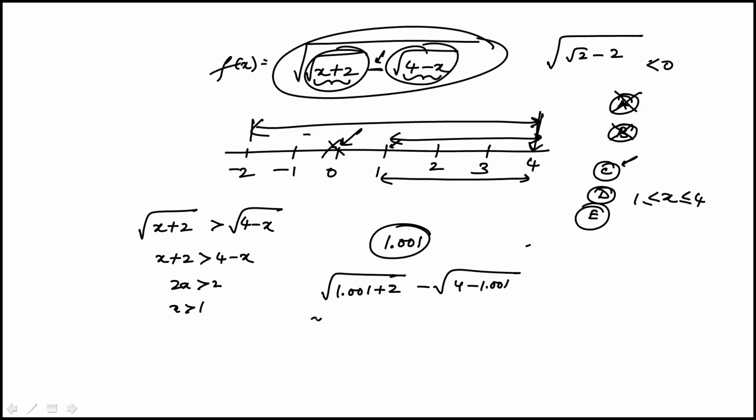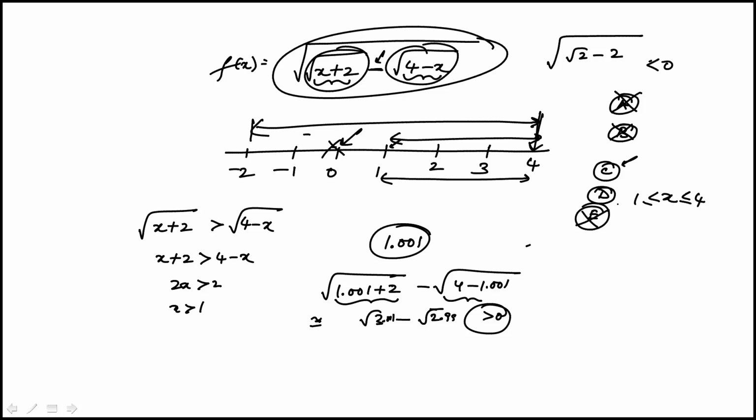So this will be approximately √3 minus, actually this will be also √3, but this will be greater, and then this will be smaller than 2.99. This is 3.001. So this will be positive.